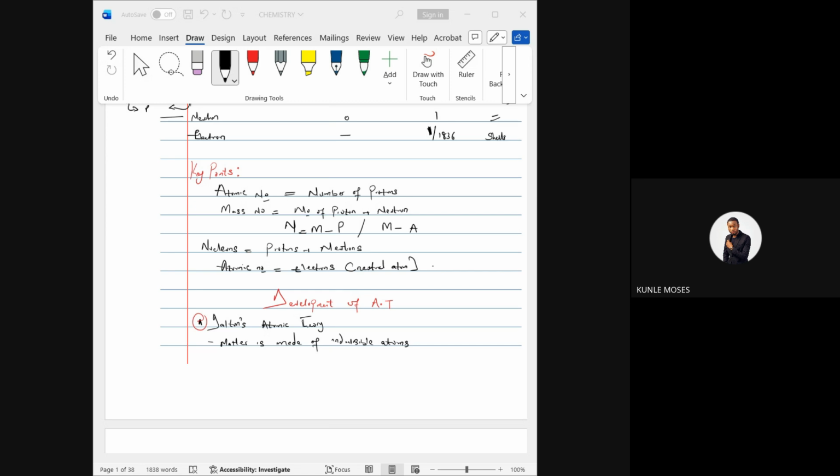All right, very good. So let's quickly move to the second one. What's the second point that I gave to you? I said atoms of the same element are identical. Can somebody explain that concept?